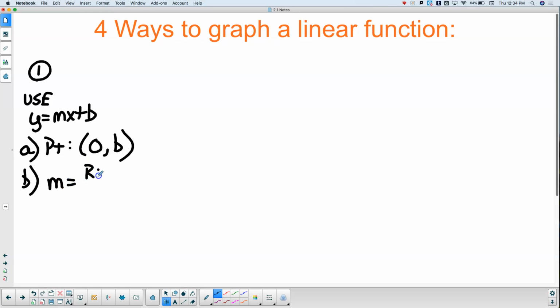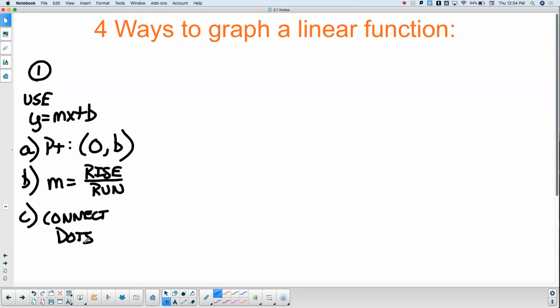And so that's going to be rise over run. Love it. That's one way that I can draw a graph of a linear function. Okay? Another way.